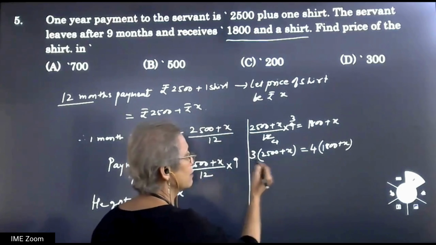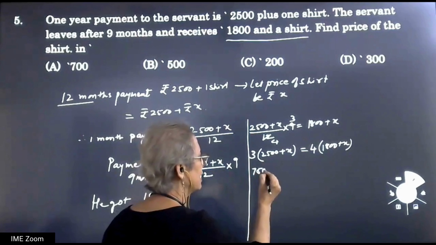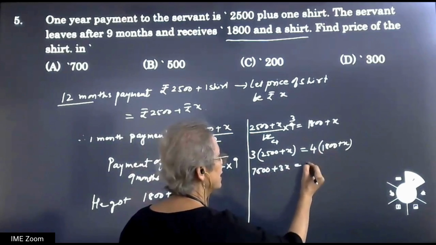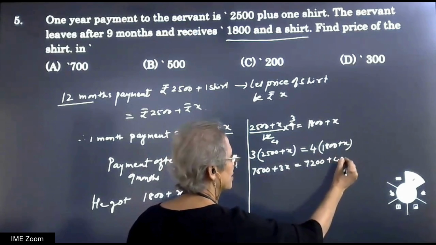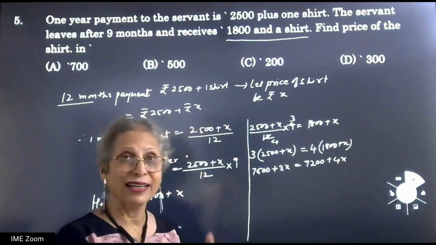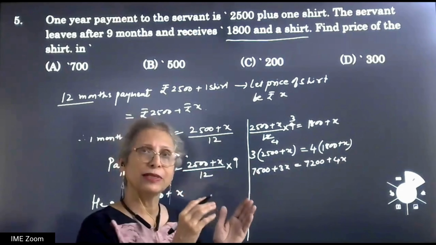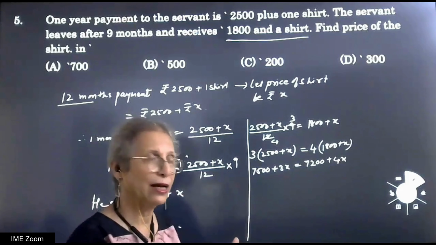So now let us multiply this. This will be 25 3s are 7500 plus 3x. And here it is 18 4s are 7200 plus 4x. Now, again, the rules we have to use, the transpose method. Both the variable terms should be on one side and both the number terms should be on the other side.